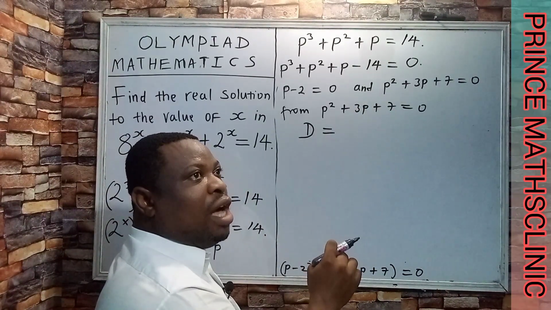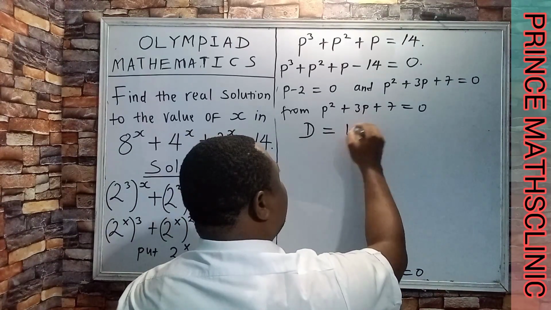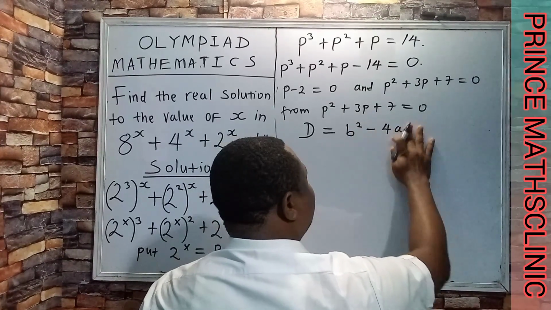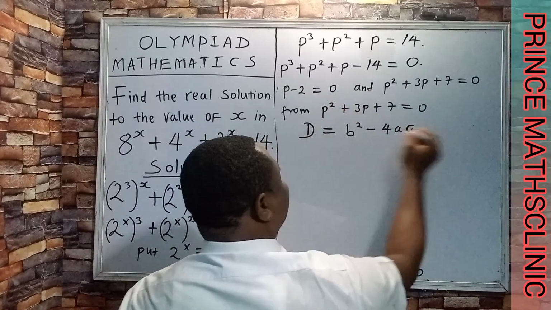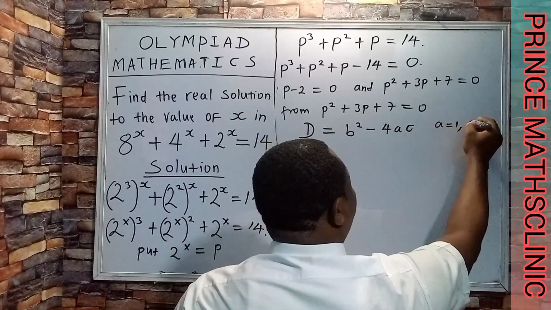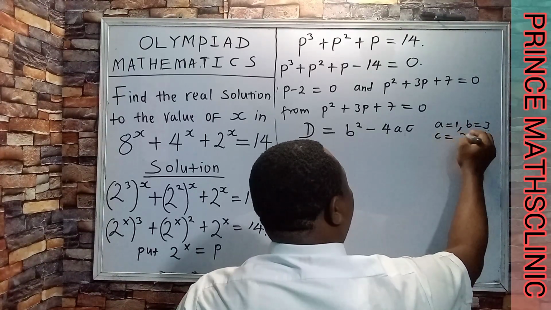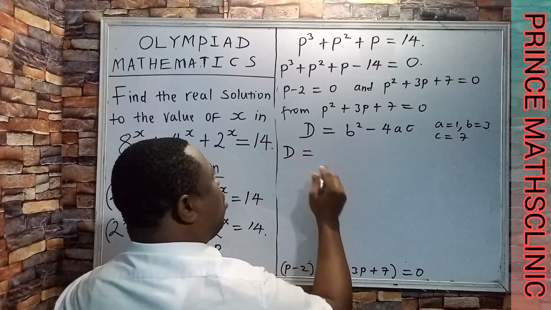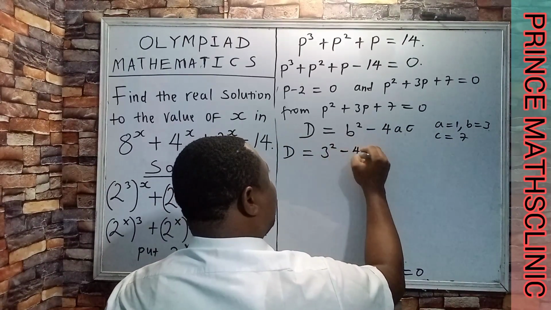And what is the formula for the discriminant? It is simply b squared minus 4ac. Now, our a is 1, our b is 3, and our c is the constant 7. So therefore, my discriminant here becomes b squared, which is 3 squared, minus 4.